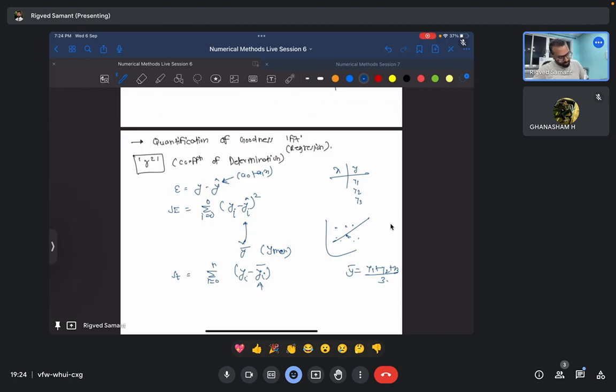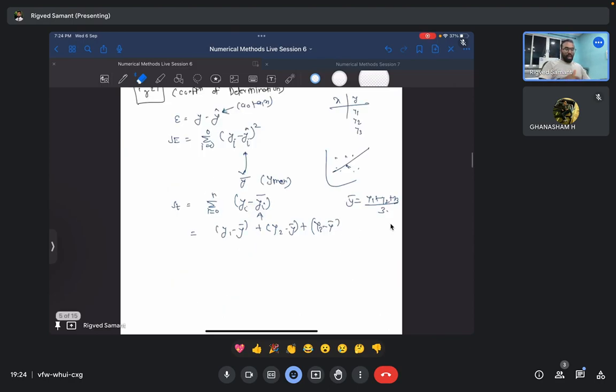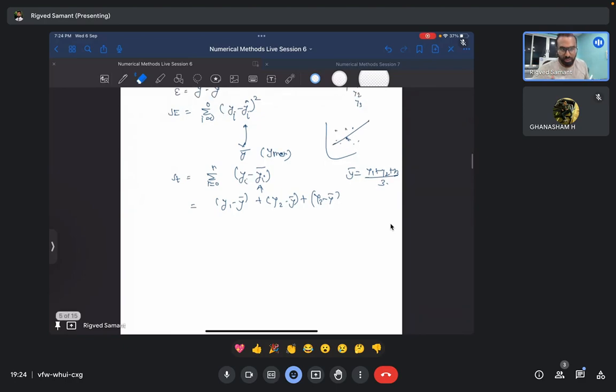So if you expand it, it would be y1 minus y bar plus y2 minus y bar plus y3 minus y bar, okay. That's what I am doing here. After getting this, I will try to find the efficiency of it. So what is efficiency? That is your R square value.